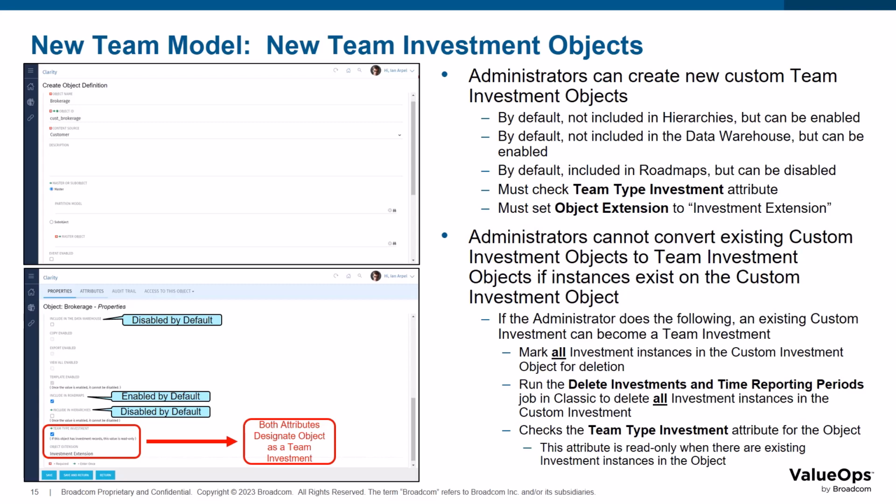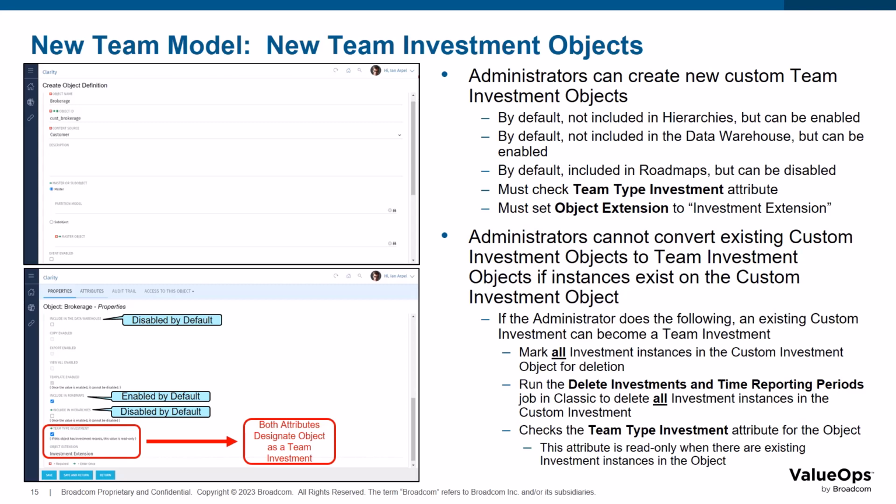Today, we don't have the capability for administrators to convert existing custom investment objects to be team investment objects if instances already exist on their custom investment object. So the only way to convert it is to remove all of the instance data for that custom investment.